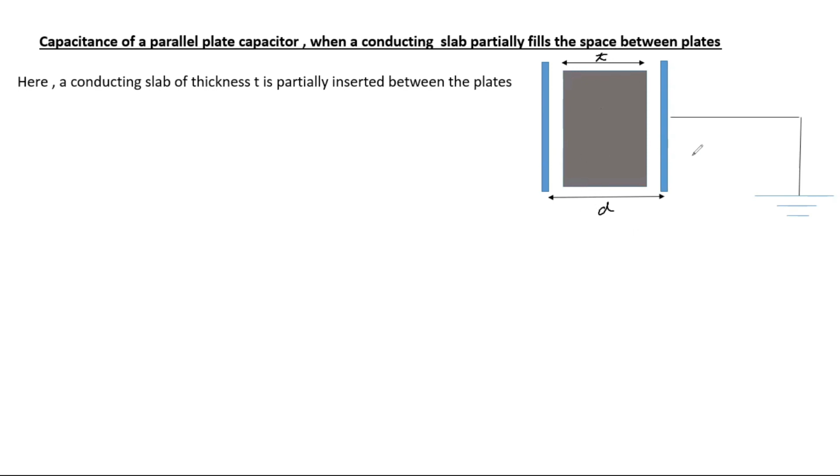Since these two metal plates, let's say one is having a plus sigma charge density and the other a minus sigma charge density, we are having a potential difference between these two plates, and because of which we will be having an electric field E naught.